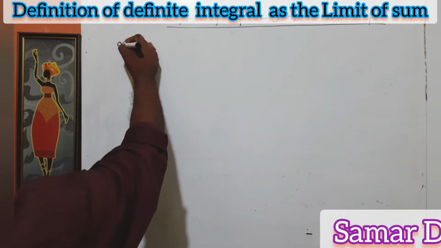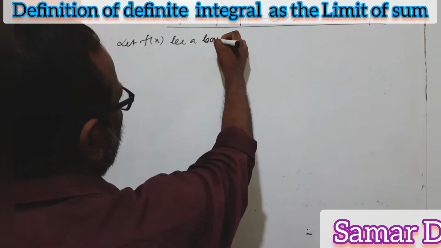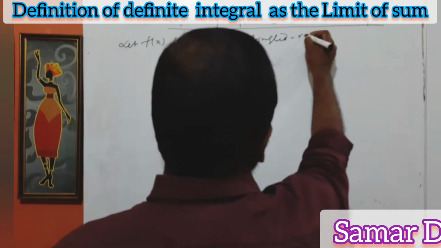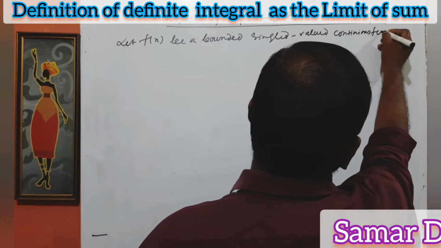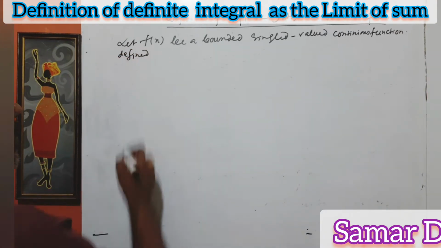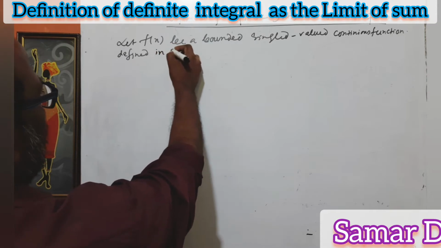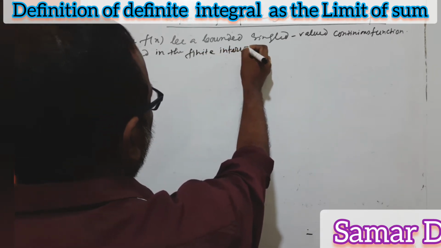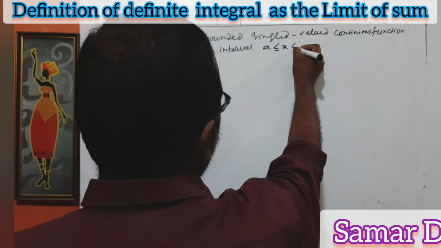Let f of x be a single valued continuous function defined on the finite interval, that is a to b, closed interval.